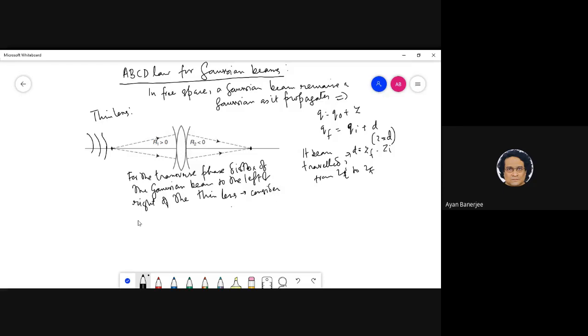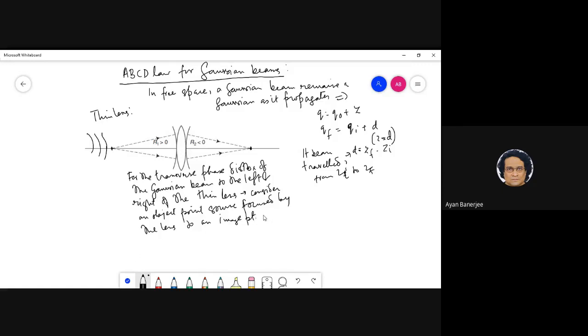Consider an object point source focused by the lens to an image point.